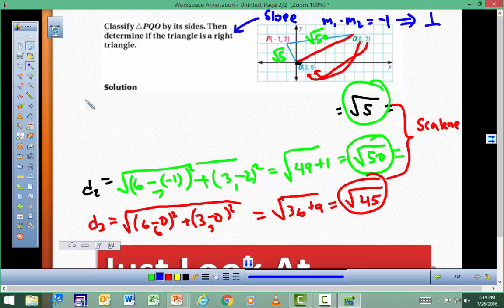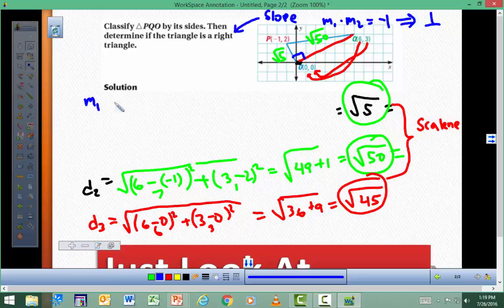Slope number 1. Now, by the way, there's only one spot that we even suspect right angle. It's right here. So we won't check the slopes for that angle, and we won't check for that angle either. The natural choice is right here.